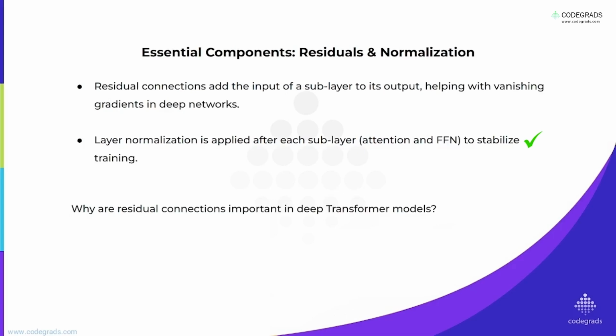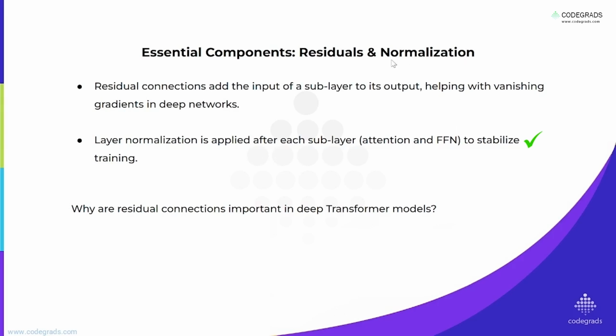Next we have the residuals and the normalization. As per the definition, the residual connections add the input of a sublayer to its output, helping with managing gradients in deep networks. Also, layer normalization is applied after each sublayer, attention and feed-forward neural network, to stabilize the training. Each sublayer has residual connections, that is skip connections, another word for that, to avoid losing information.